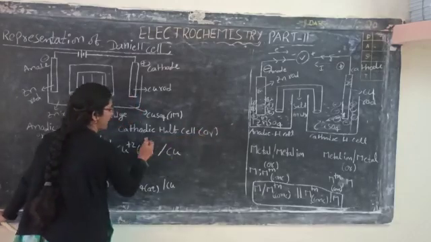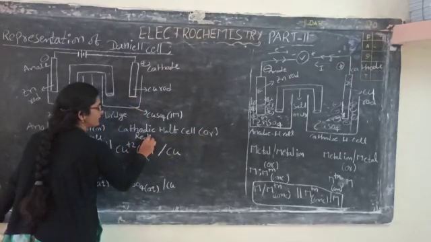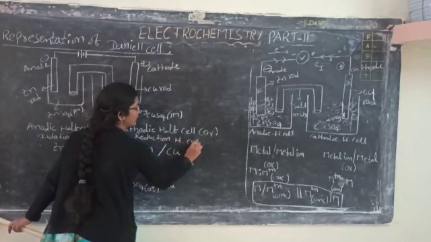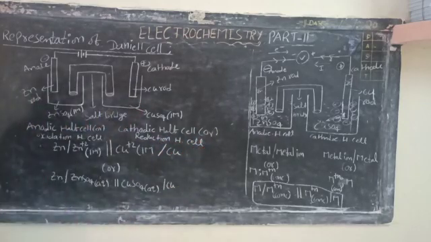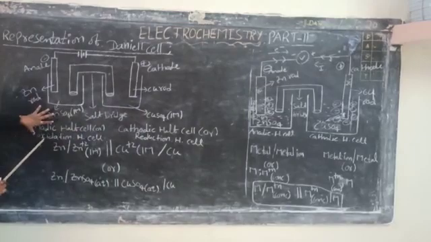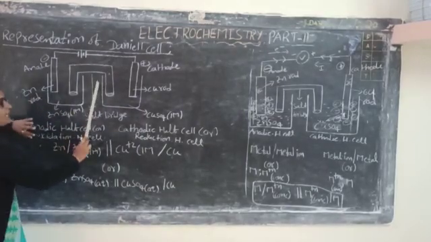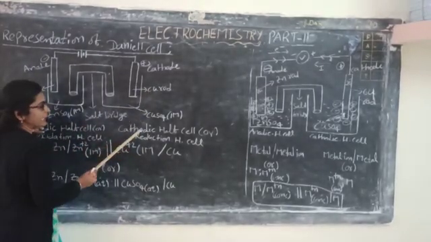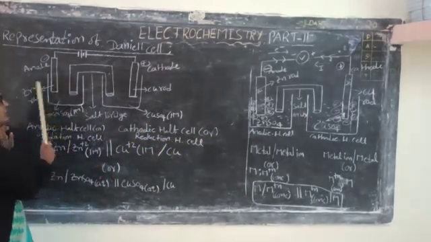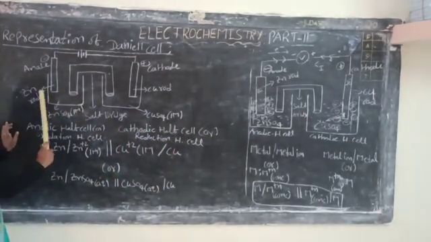It is also called the reduction half cell. So the left hand side cell is called the anodic half cell or oxidation half cell, and the right hand side cell is called the cathodic half cell, also called the reduction half cell, based on the oxidation and reduction taking place on both sides.